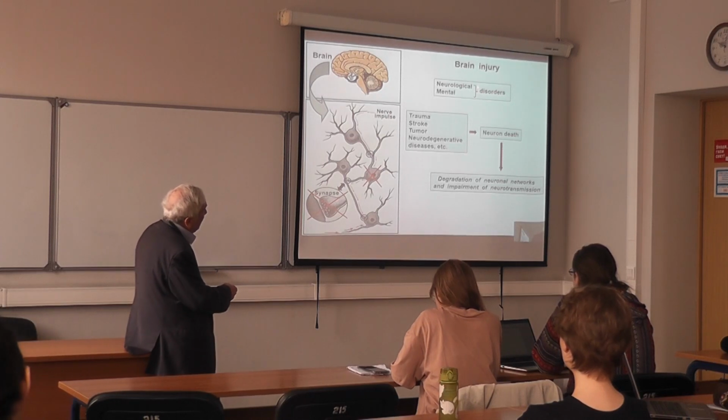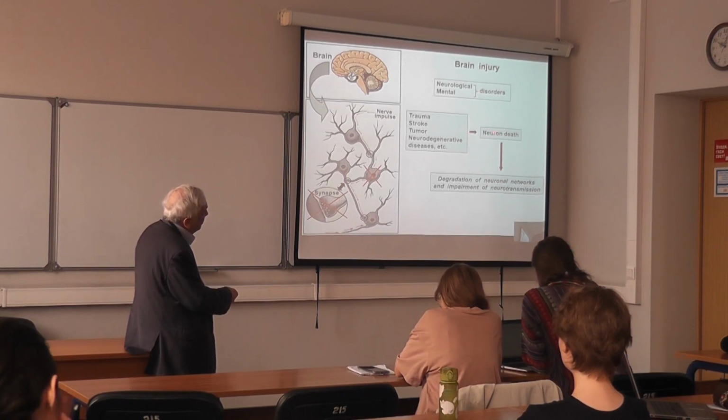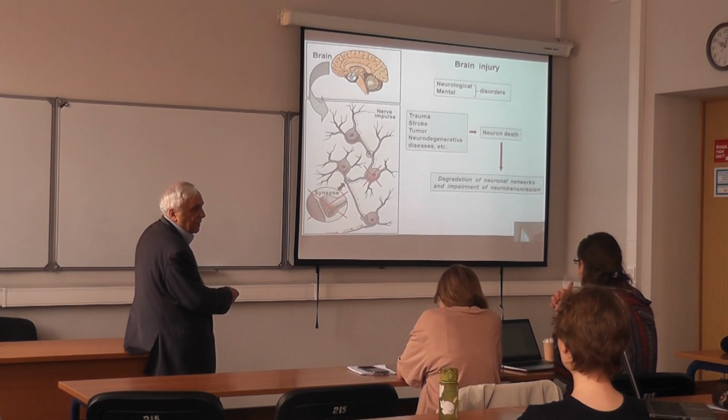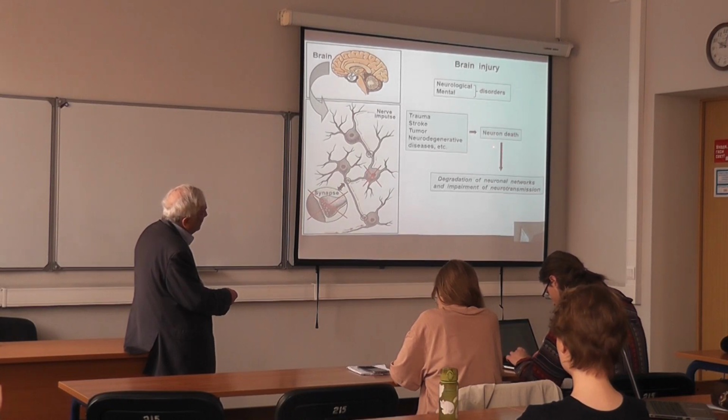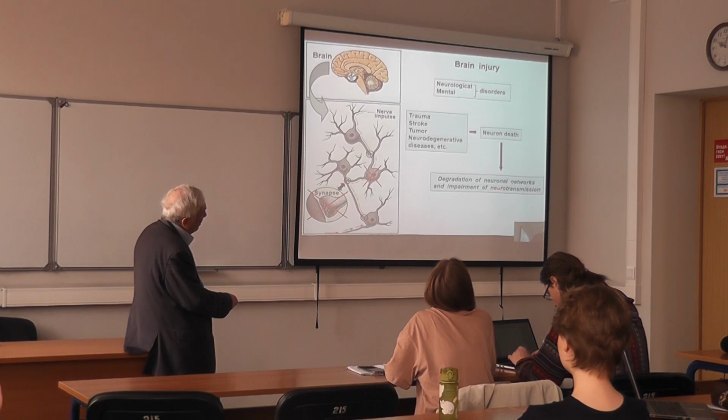Okay? Well, and let's say that most often neurological and mental disorders are caused by neural death. Under neural death, there is a deficiency of certain functions which are under the control of these neurons or their networks.